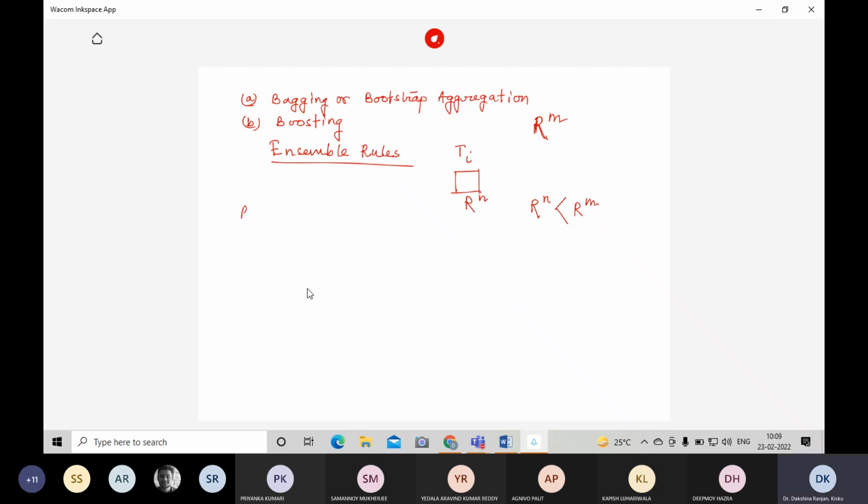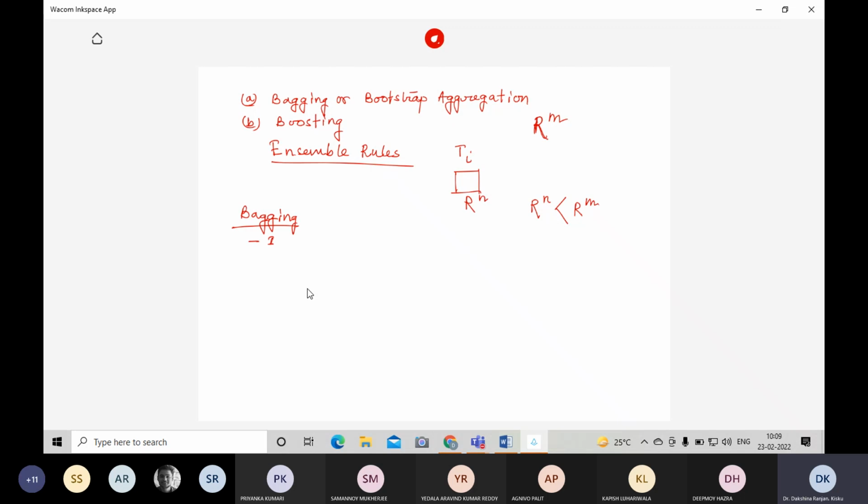So how does bagging work? If we talk about the bagging, or bootstrap aggregation, algorithm, it works in parallel. This is the first feature of the bagging algorithm.